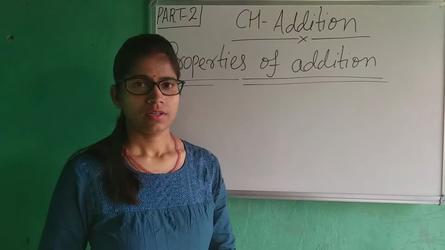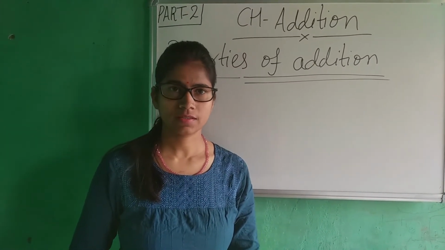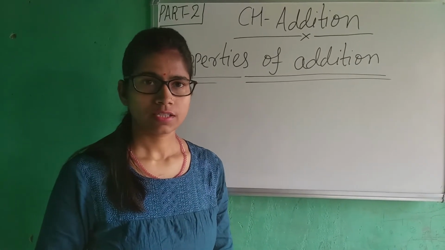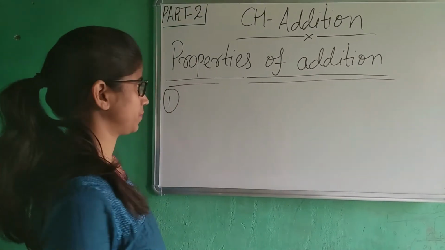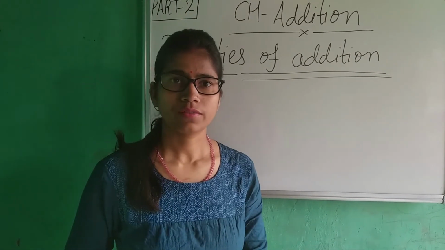Addition. In today's class, we are going to discuss some properties related to addition. One by one, we will discuss all the properties. The first property is order of the adders.